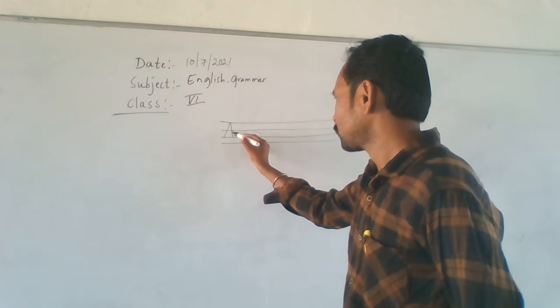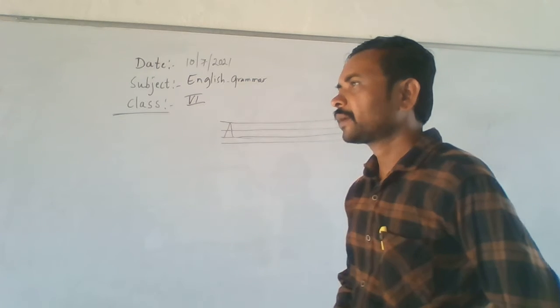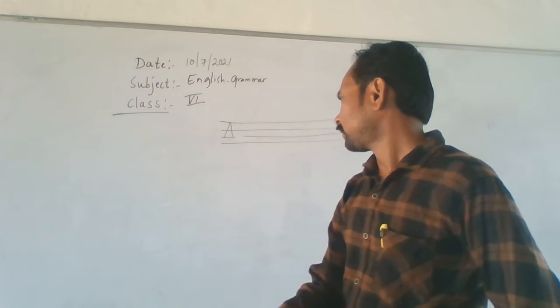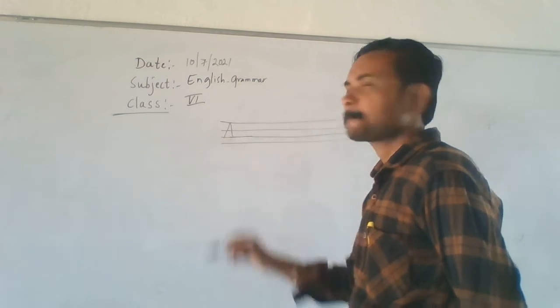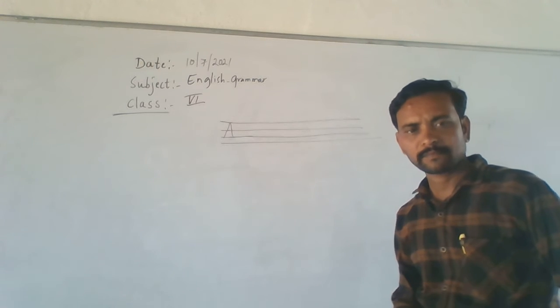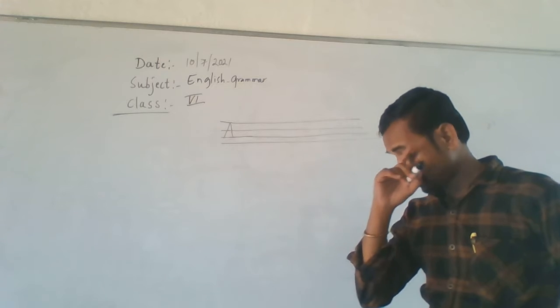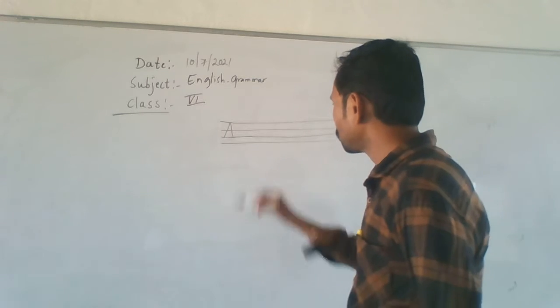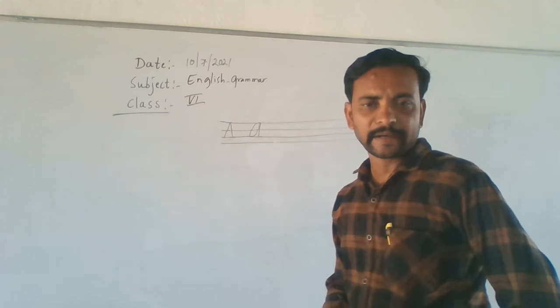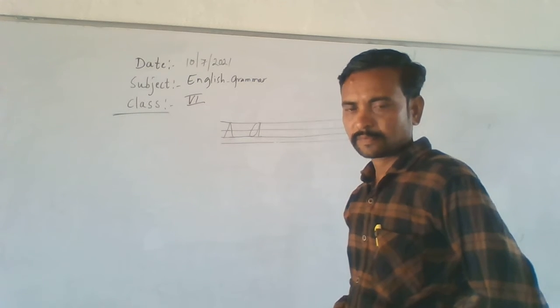It means you have to touch 3 lines: the upper line, the middle line, and one more line. This is how you write a capital letter. A small letter, don't write like this. If you write like that, it is wrong.